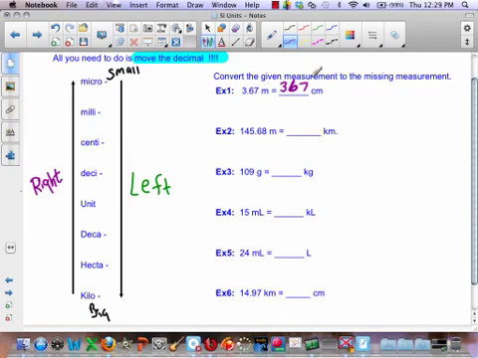All right, let's look at example 2. We have 145.68 meters. And we're going to kilometers. So again, what direction am I going to move that decimal? Move it to the left. We're going from a smaller value to a big value. How far am I going to move that?